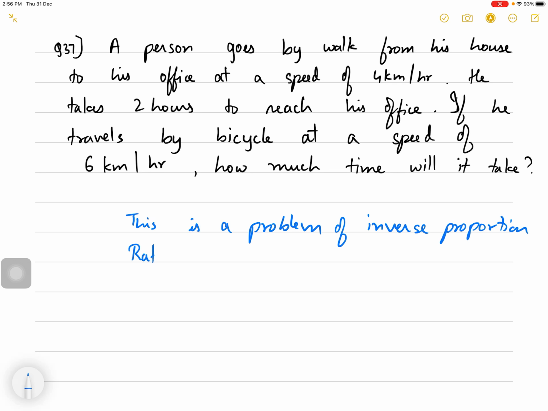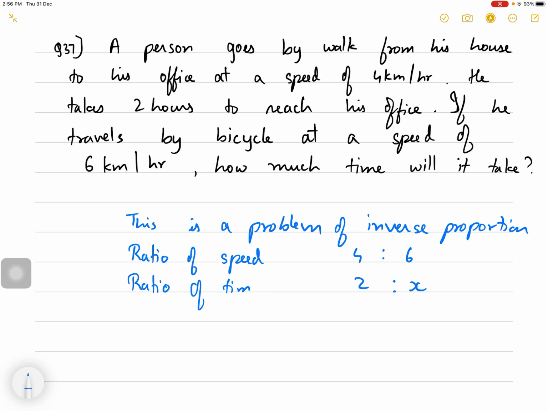Right? So ratio of speed is 4 km per hour and 6 km per hour. And ratio of time taken is 2 hours, and you don't know how much time it takes when he goes by bicycle.